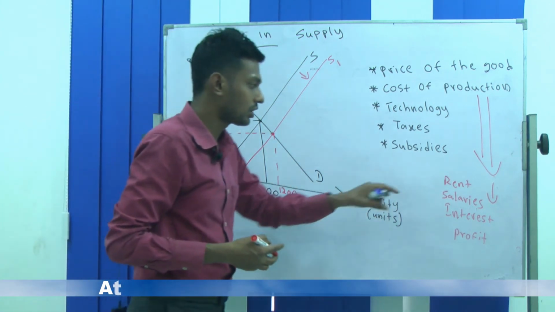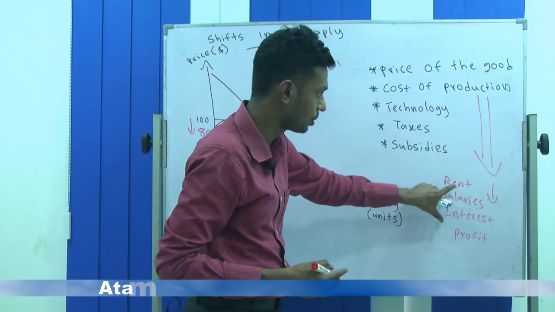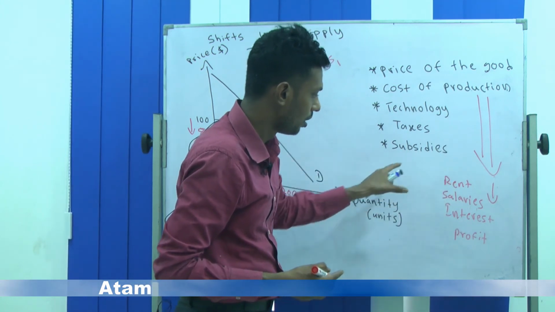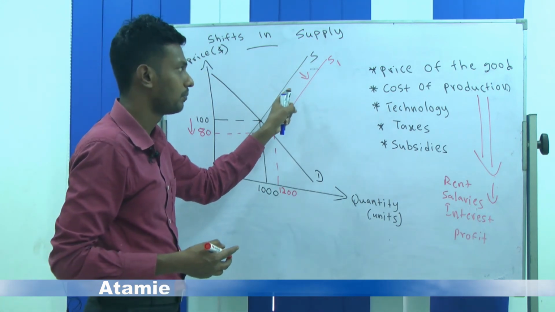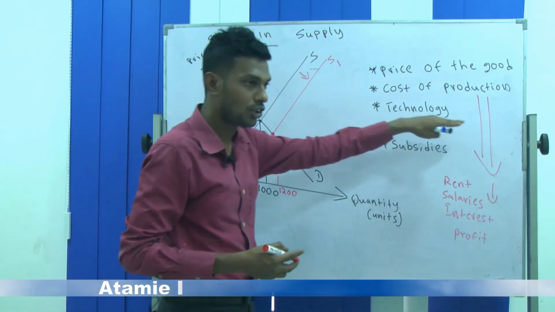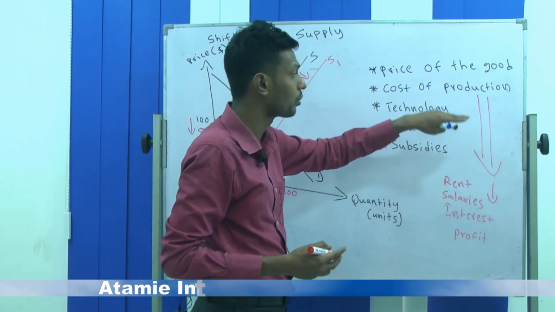So when cost of production, rent, salaries, interest reduces, it will increase the profit in other ways. That's why he is motivated to increase the supply. Technology, if you are using a good technology, not an outdated technology, you can produce more.